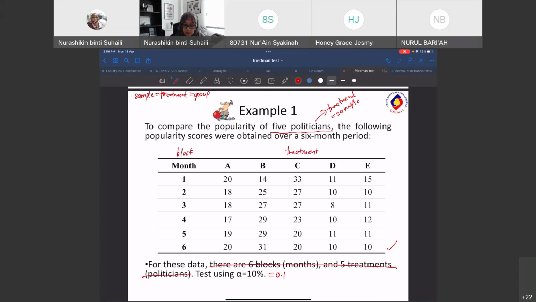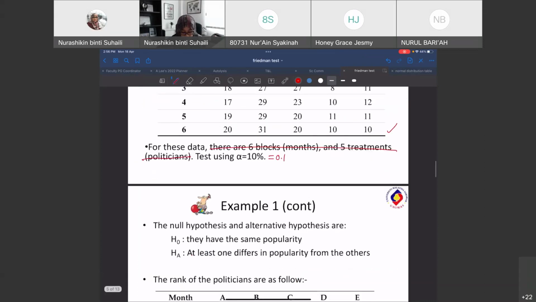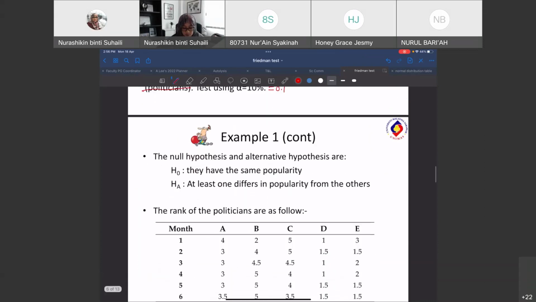Okay, and you label it in your data so that you don't get confused. So the treatment is K, right? So K is 5, B is 6. So that's how you identify B and K. Okay. Right. So let's apply the steps.